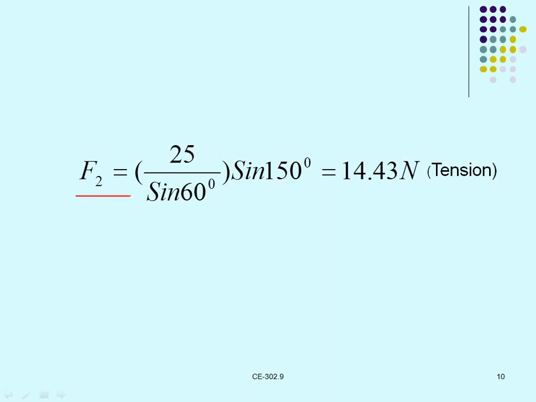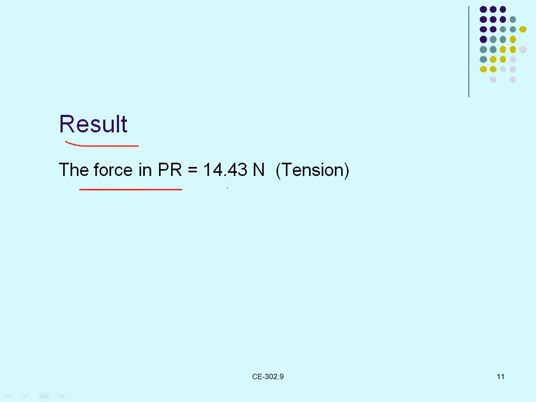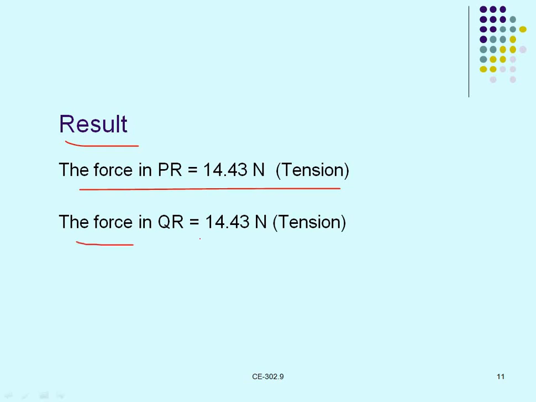Therefore, F2 is equal to 25 by sine 60 degrees times sine 150 degrees, which is 14.43 newtons in tension. So the final result: the force in PR is 14.43 newtons tension, and in QR is 14.43 newtons tension. Both are equal in tension.